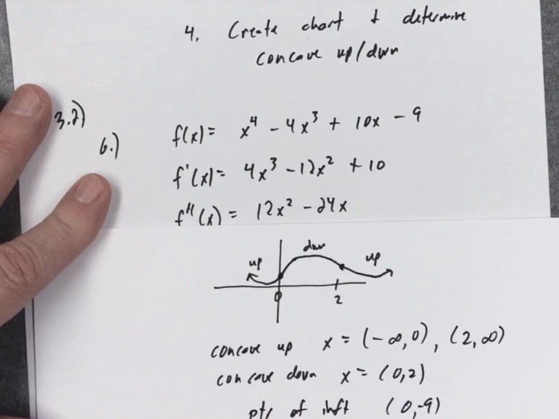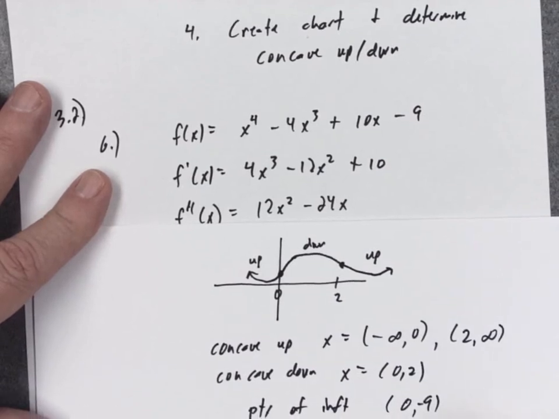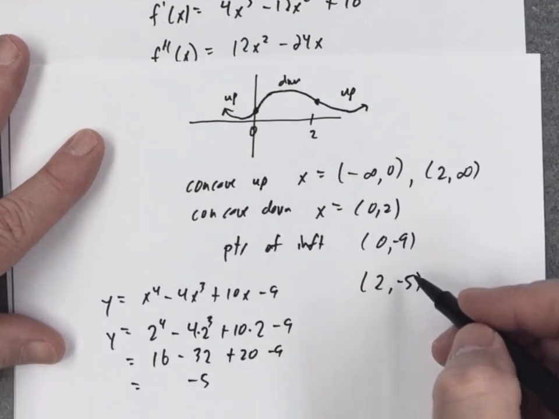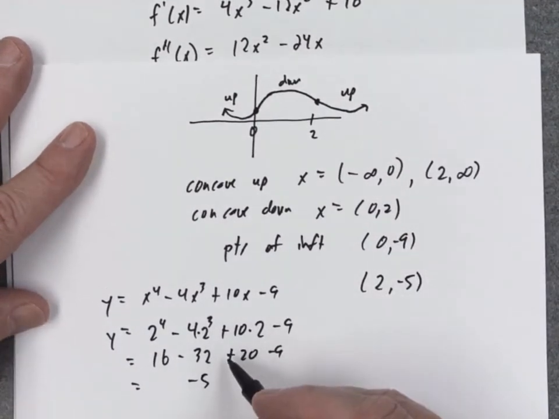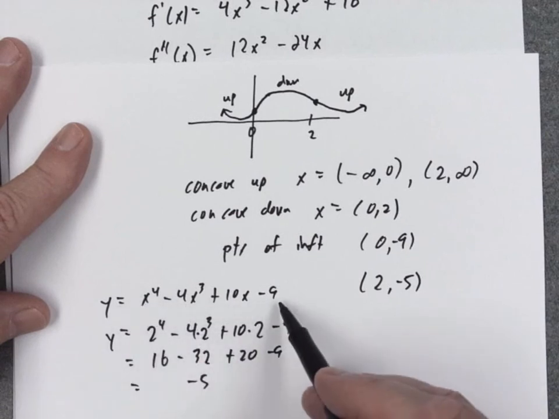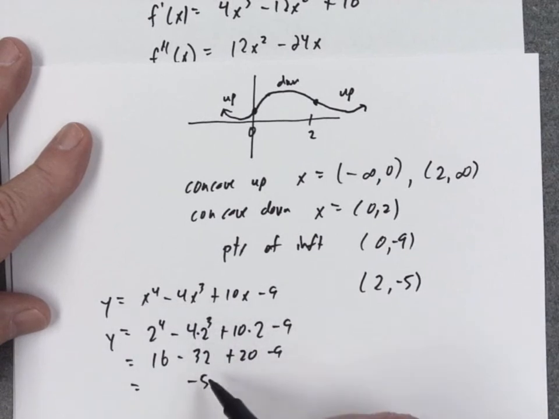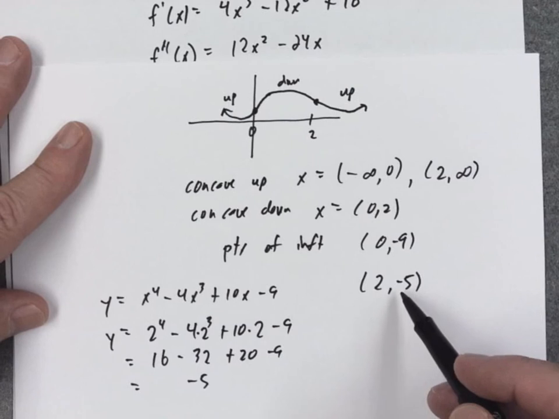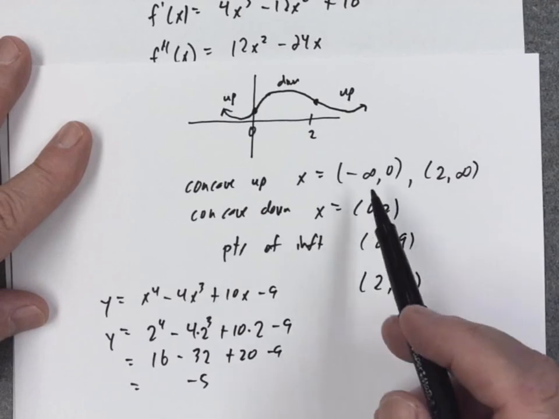Looks like negative 16 plus 20 is 4. If I didn't mess up on the math. Sorry, you weren't seeing this when I was doing it. So I plugged in 2 into my original function. If I didn't mess up on the math, I think it's 2, negative 5.